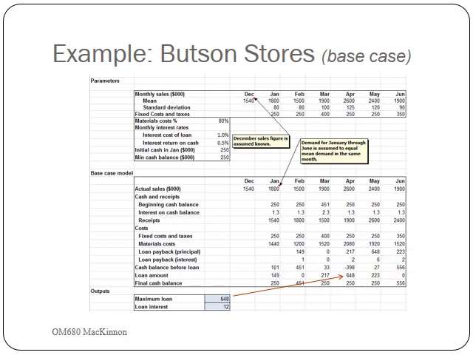This is our base case. Nothing here is uncertain; for the sales we've just transferred the mean values from up here to down here. Always start with your base case with no uncertainty, just to check your calculations and make sure everything is working properly.